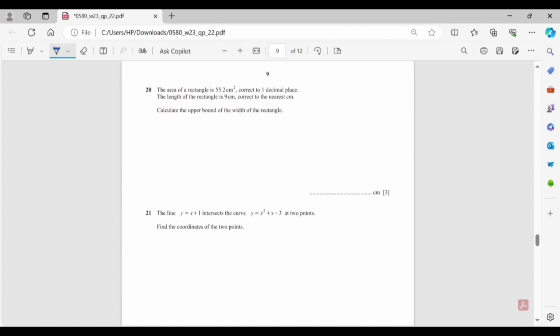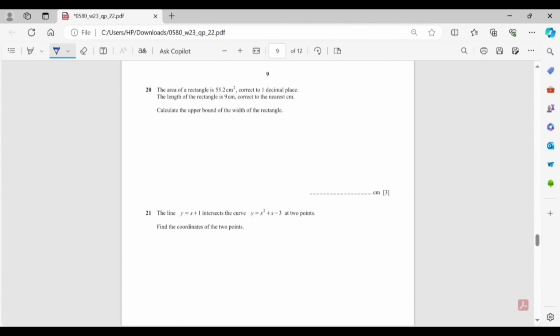Area of the rectangle is the centimeter square, corrected to 1 decimal place, and the length of the rectangle is 9 centimeter, corrected to the nearest centimeter. Calculate the upper bound of the width of the rectangle. So first find the error.